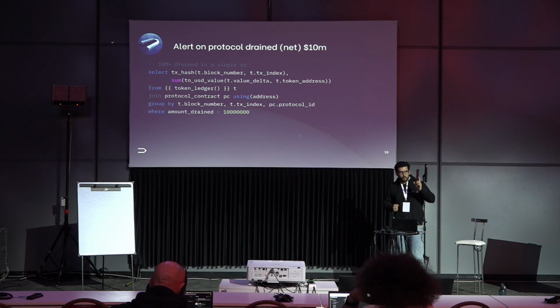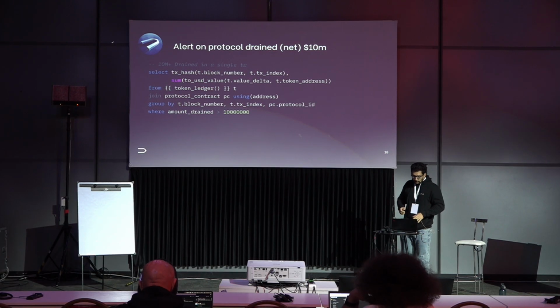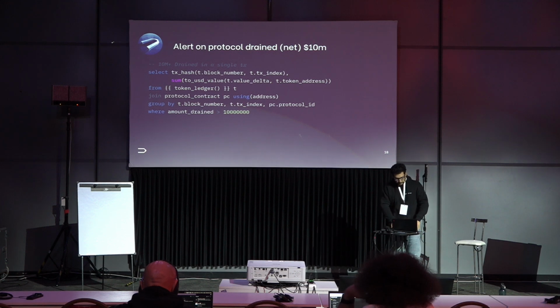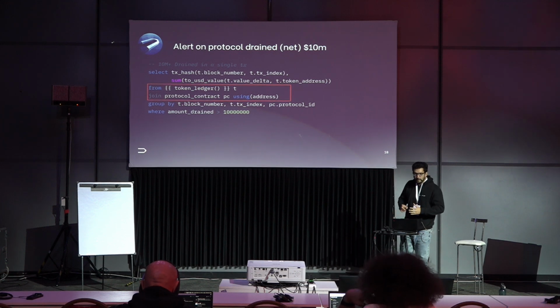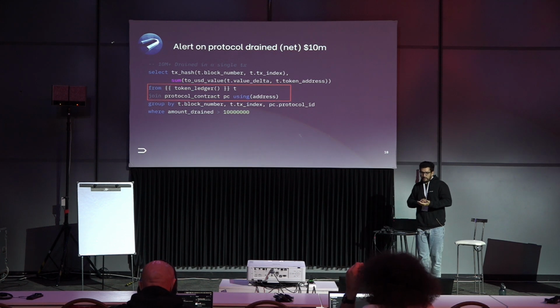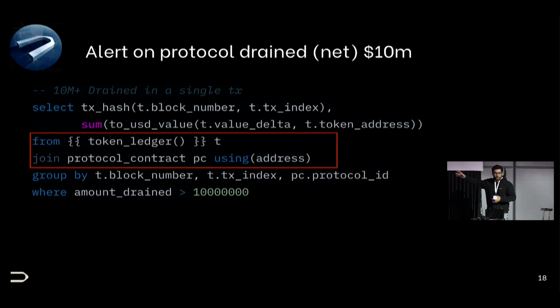It reasons about net transfers in a single transaction for a particular protocol. And the way it works is still we have token ledger, but we join the token ledger to a table called protocol contract, which defines a lot of protocols in our system, and you can include more and more protocols if you want to. Okay? And it is joined by the address that is in the token ledger.